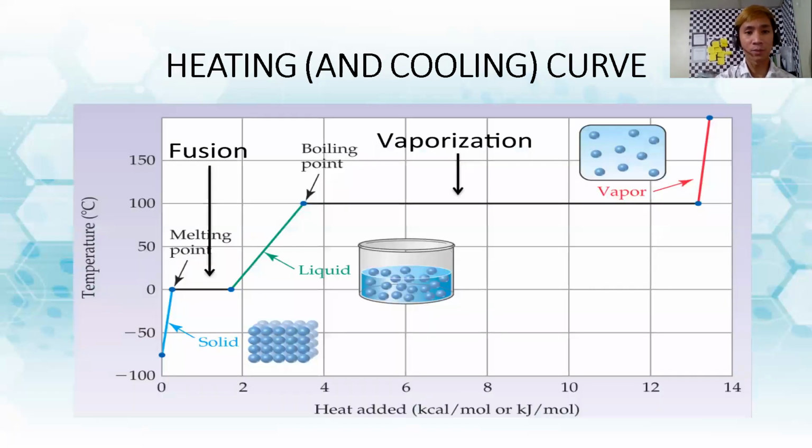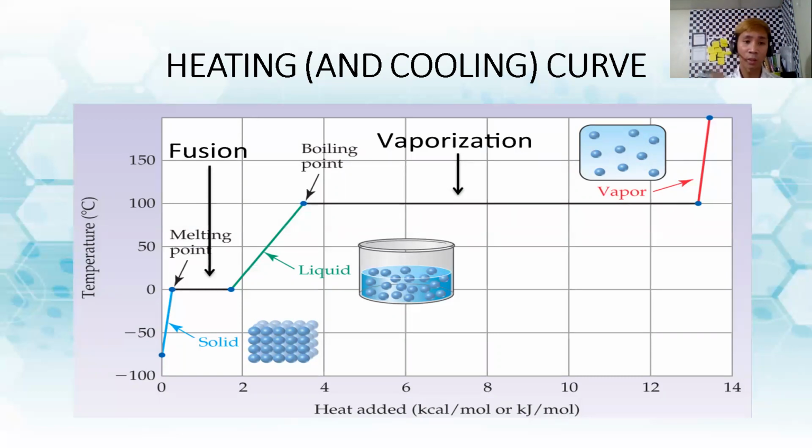Okay, so let us now proceed to the heating and cooling curve. The heating and cooling curve describes the transition of a phase. It also describes how temperature changes as a substance is heated up.